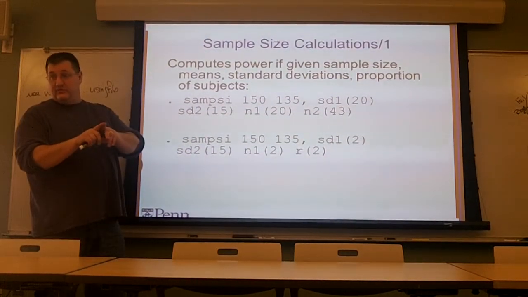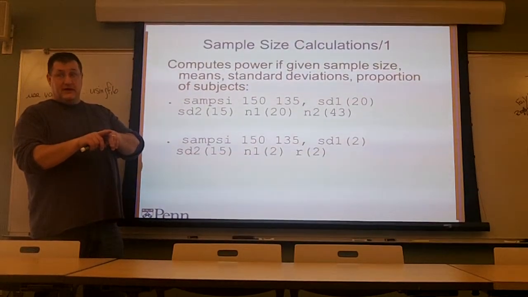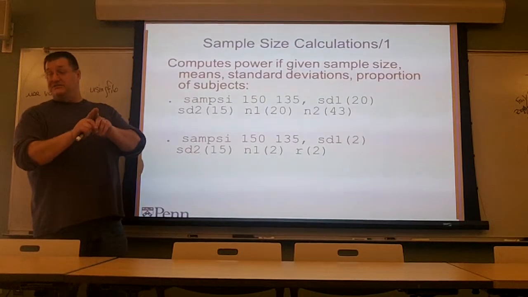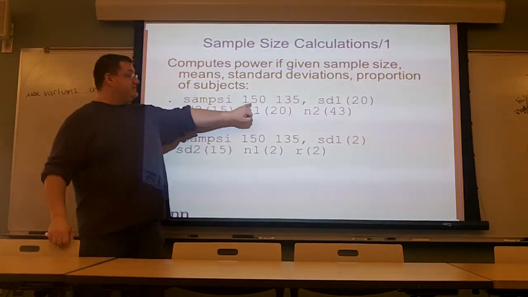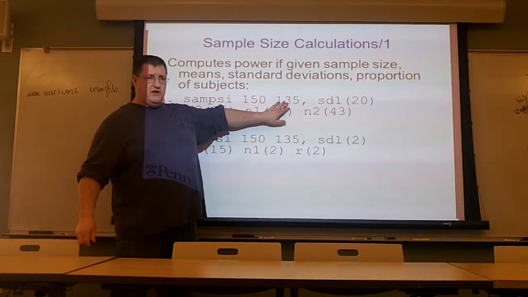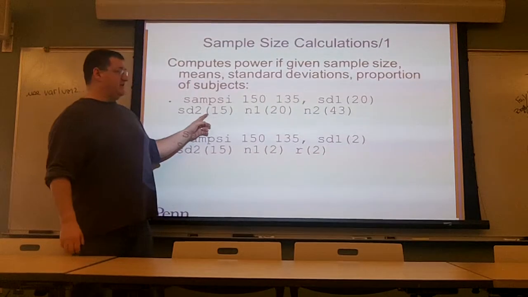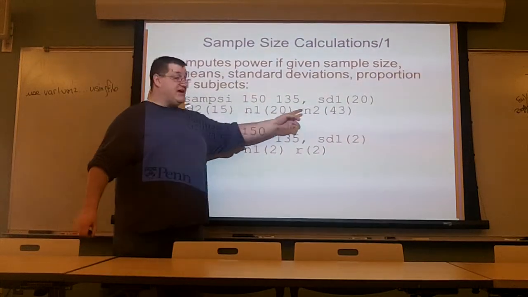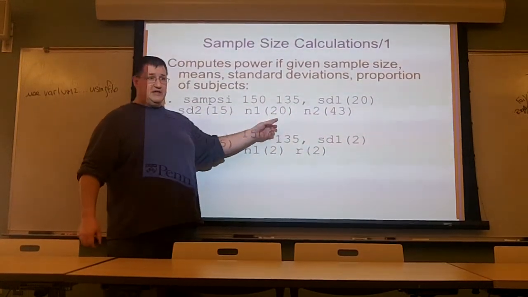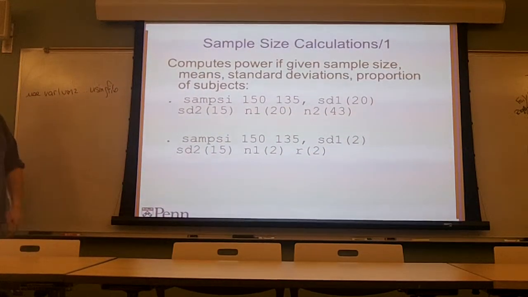If I want to compare two means, what kind of test would I be doing? A t-test, an independent samples t-test. So if this is the mean in one group and the mean in the other group, and this is the standard deviation for each of those groups respectively, and these are the sample sizes for each of those groups, I have everything that I need to compute power.